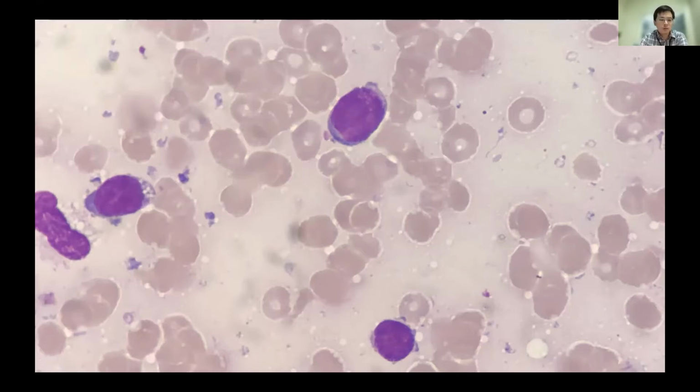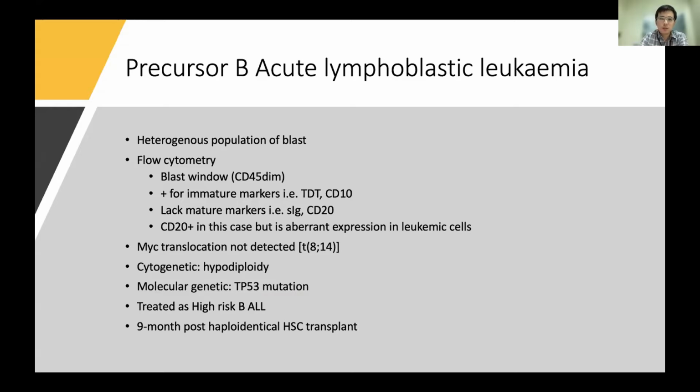And for your information, the presentation of this patient is also quite aggressive. However, when we did the flow cytometry, it turned out these are blast cells, immature cells, instead of mature Burkitt lymphoma cells. On flow cytometry, they fall in the blast window with CD45 dim, and they are positive for the immature markers TdT and CD10.